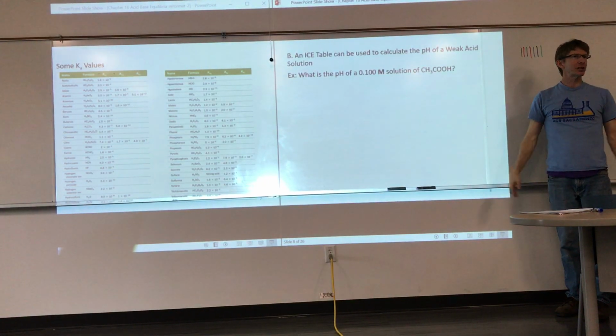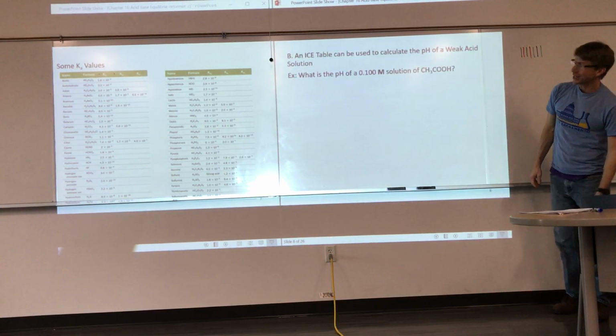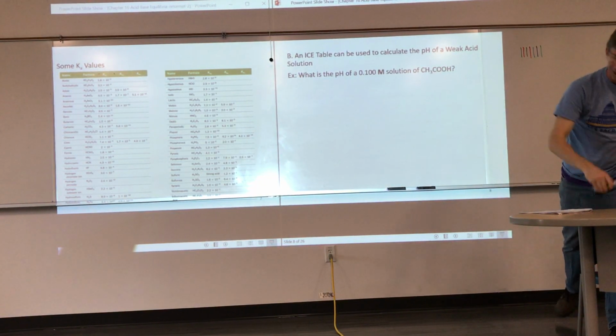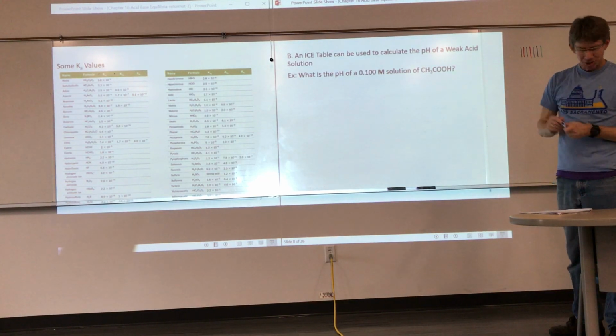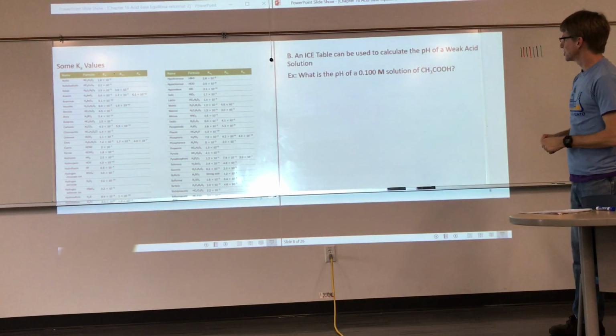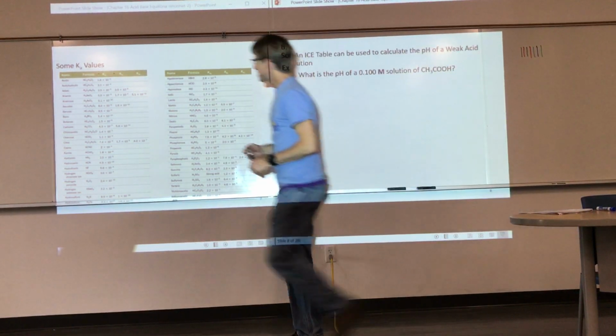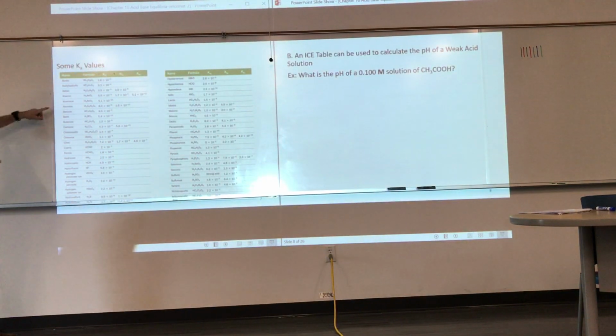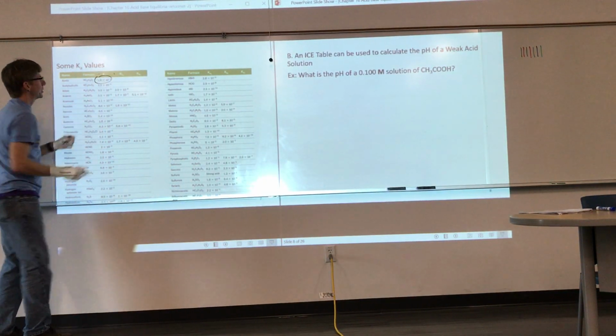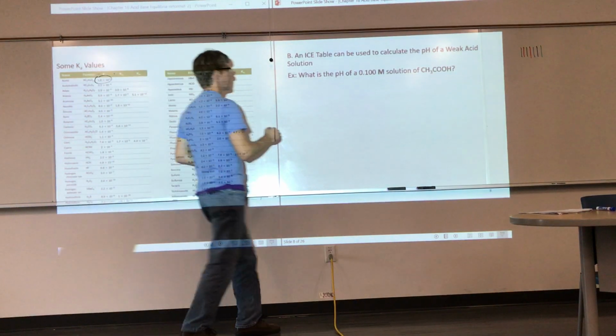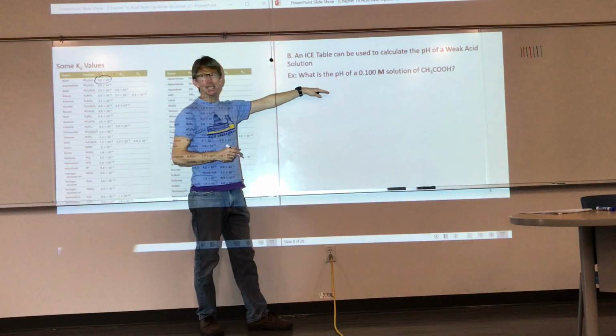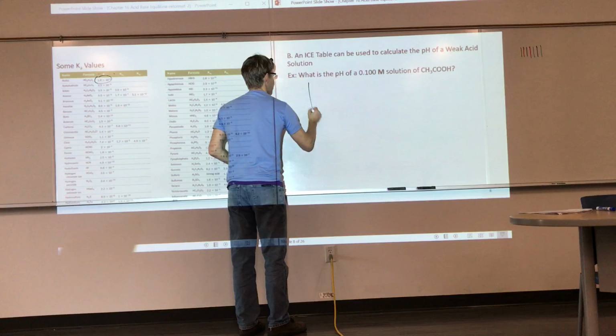We said we do not figure out the pHs of weak acid solutions. Now we are finally ready. What is the pH of a 0.100 molar solution of acetic acid? Acetic acid, well, a little blurry. There it is. 1.8 times 10 to the minus fifth. We will need an ice table to do this problem.